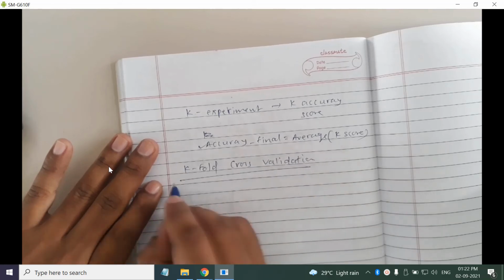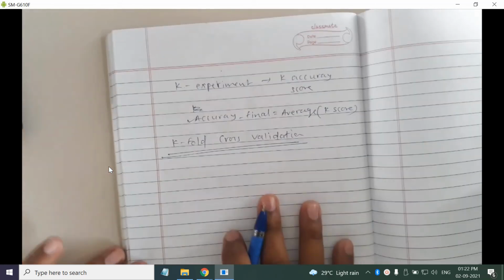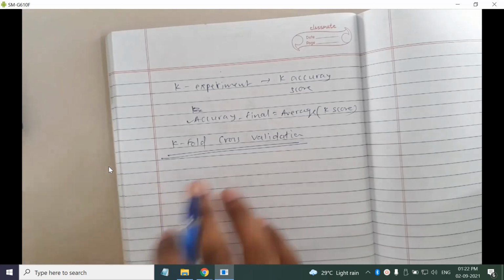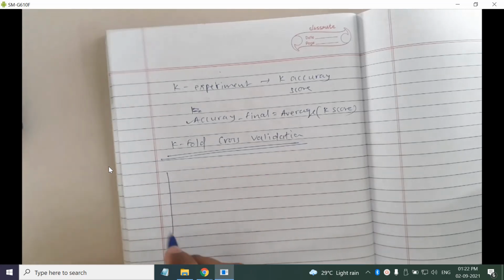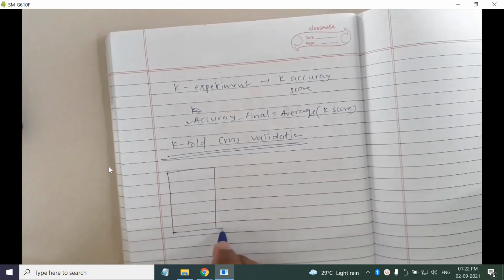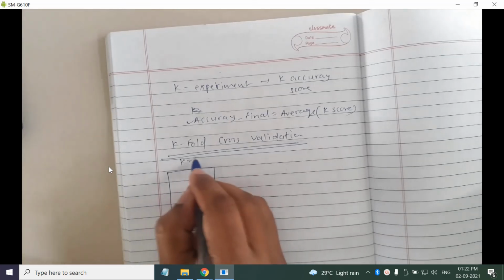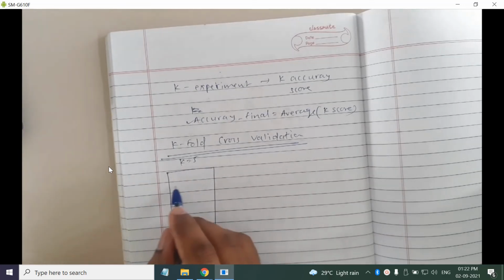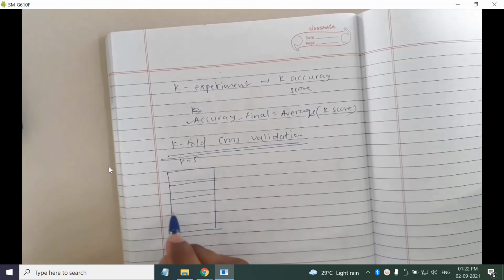Now what happens in k-fold cross validation? Consider this is my data set, and let's say k equals 5. We will split this data set into 5 sections: section 1, section 2, section 3, section 4 and section 5.